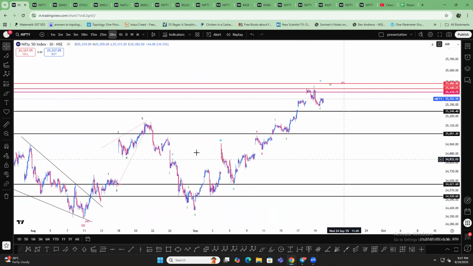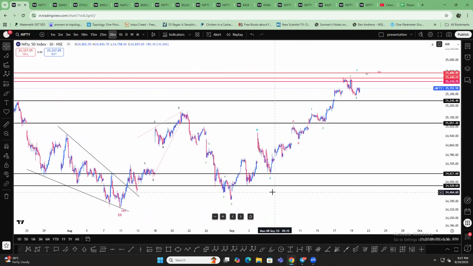Now come back to the waves. See again, from this, if I have taken this as an impulse, then this is a pullback, and see what it's doing. This is again an ABC move, right?